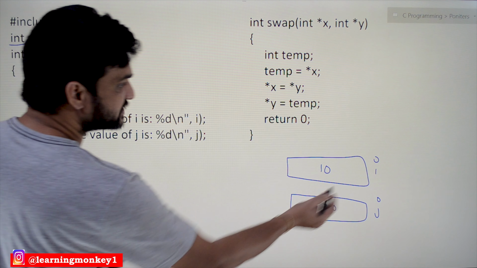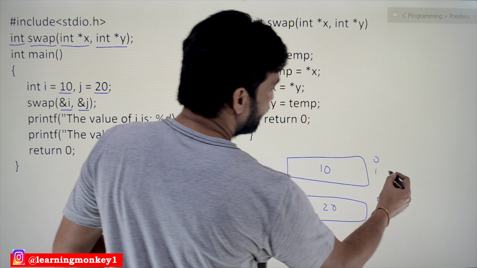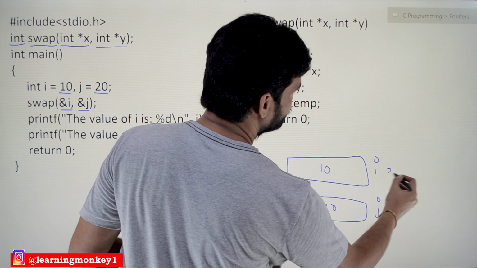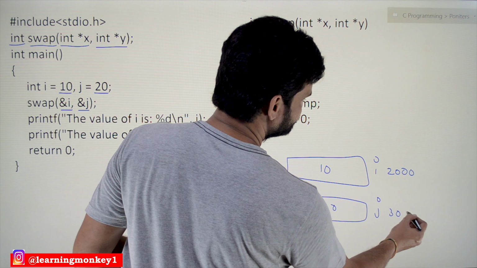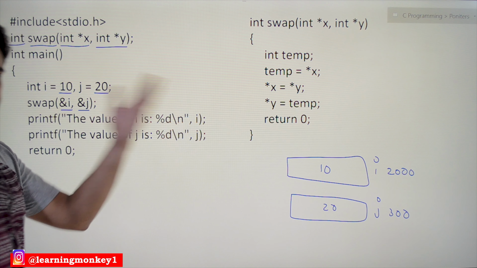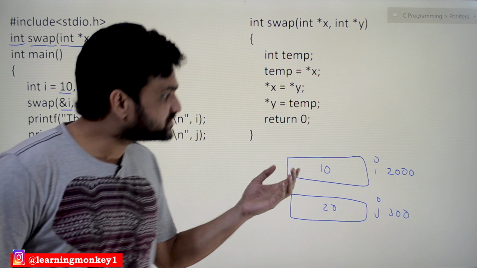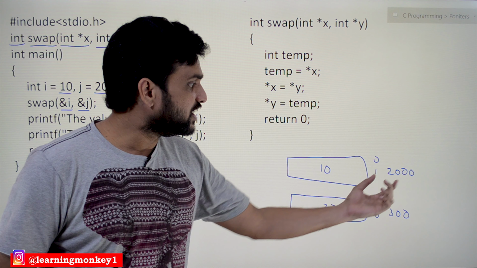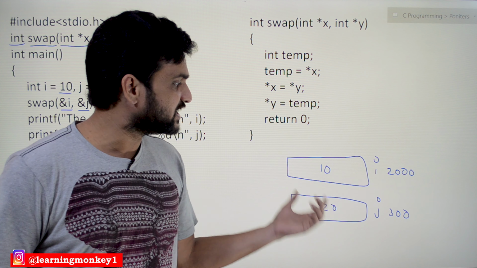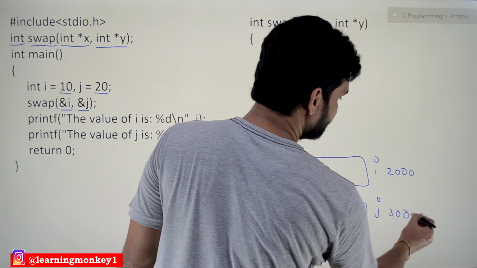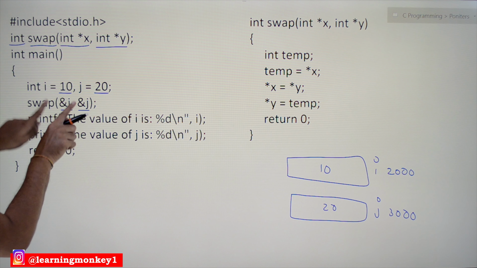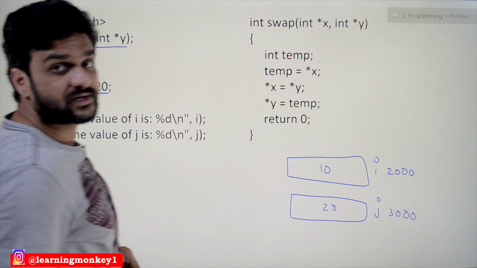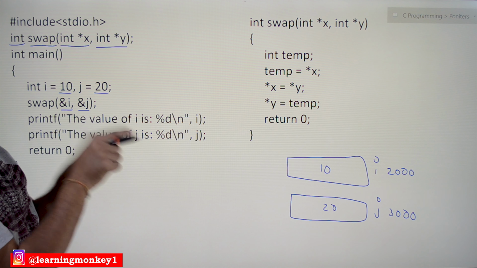For example, assume that the address of i is 2000 and the address of j is 3000. Let's assume randomly that the variables are allocated on the memory. So a 2000 memory location has been allocated for i, and 3000 for j. These address values will be passed as the function arguments.